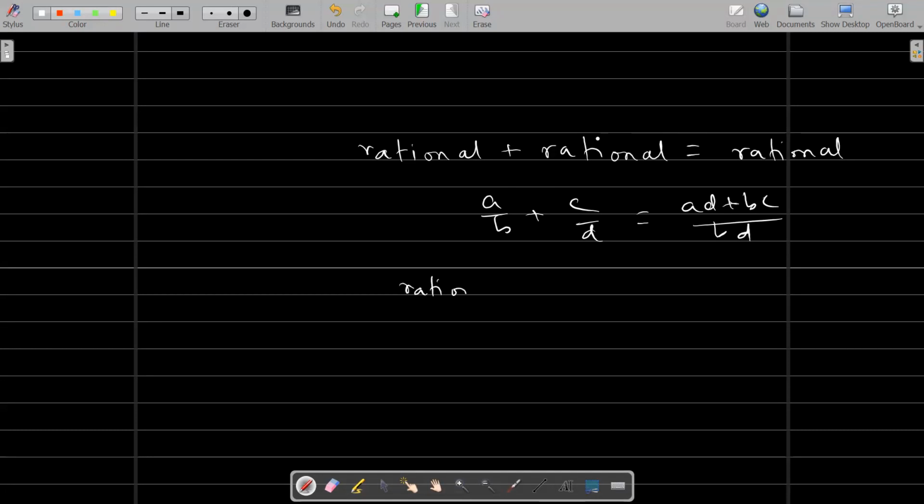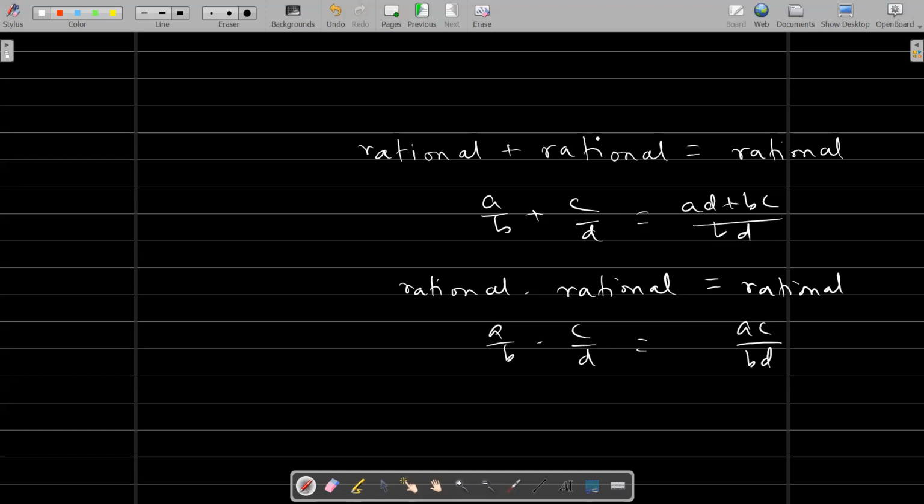Or rational into rational is again a rational. So a by b into c by d is ac by bd, which is again rational.